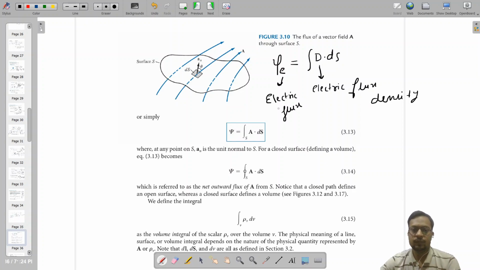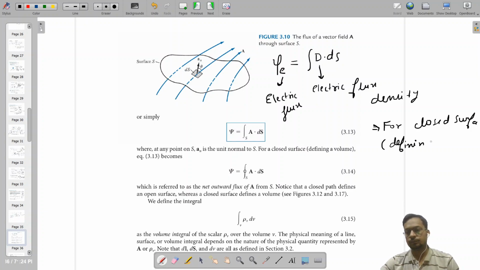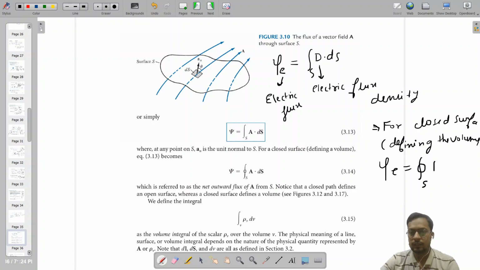Here also, if we consider this surface as a closed surface, that is, the surface defining the volume, this open surface integral can be rewritten as phi is equal to the closed surface integral of D dot ds.